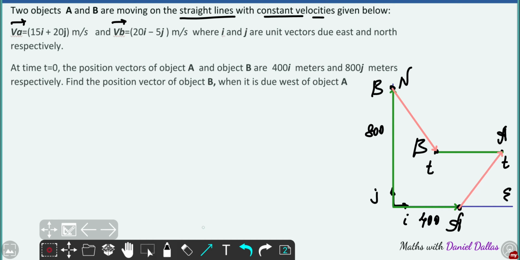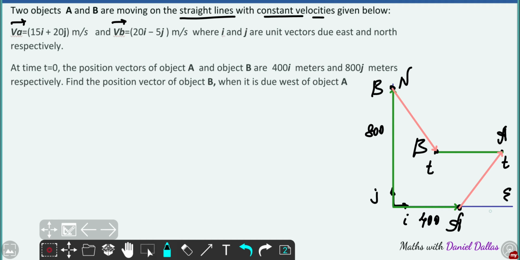You also can check those displacements, not to scale, within the time just by looking at the velocity of object A: 5i and 20j. So here is somewhere 5 and here is somewhere 20j. So it moves that way. This is the resultant vector of displacement at a given point of time t.